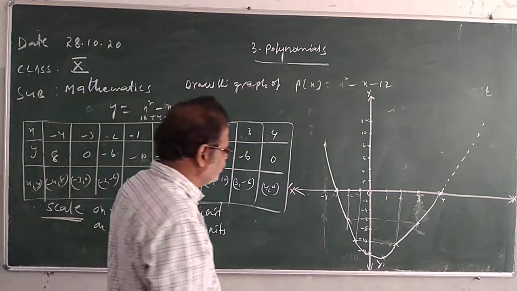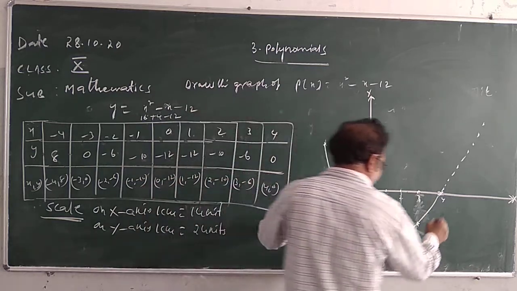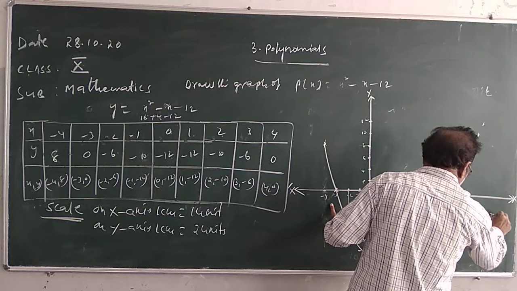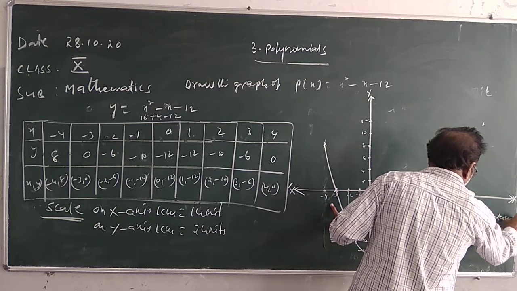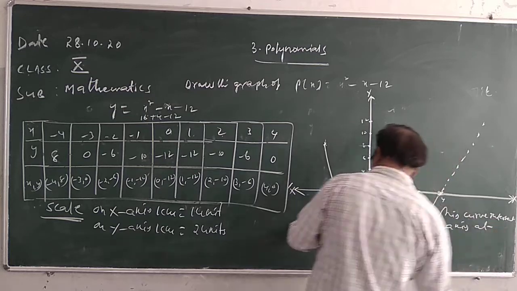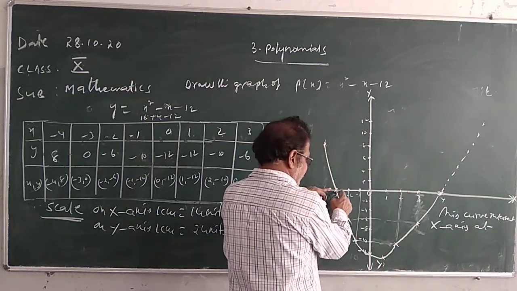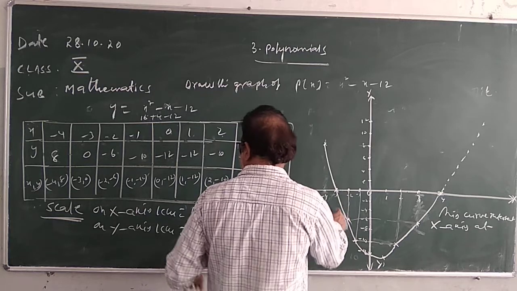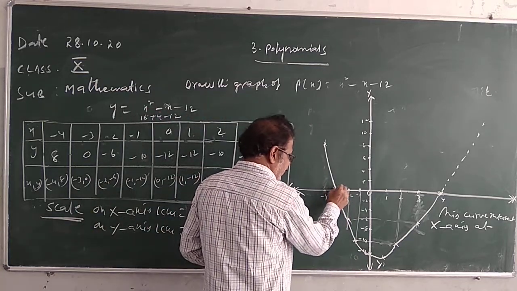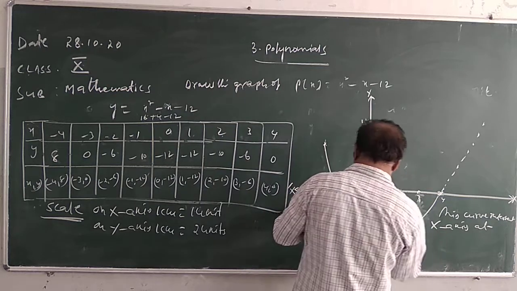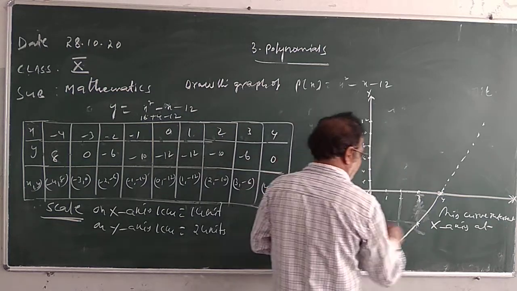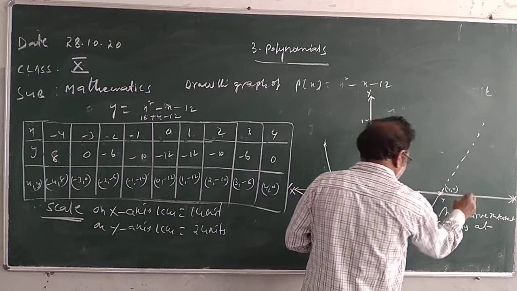Now, what you have to do: this curve intersects the x axis at 2 points, minus 3, 0 and 4, 0.